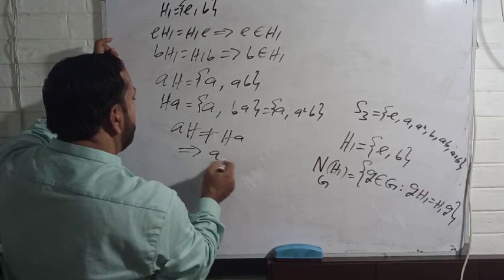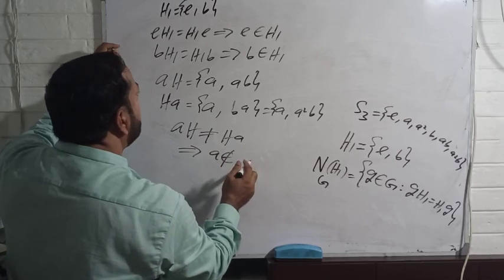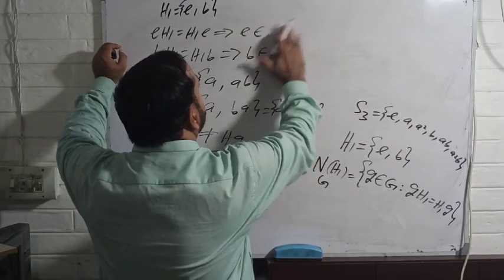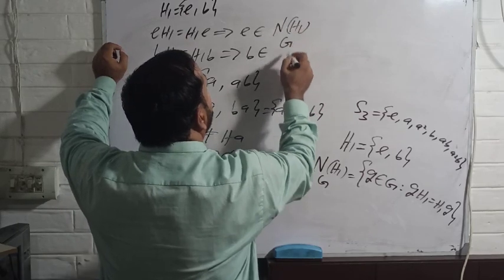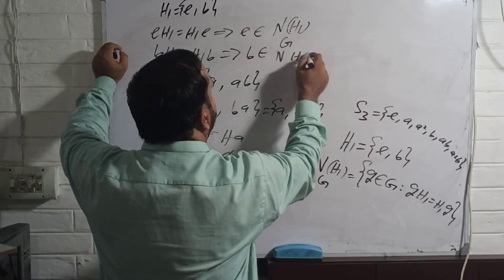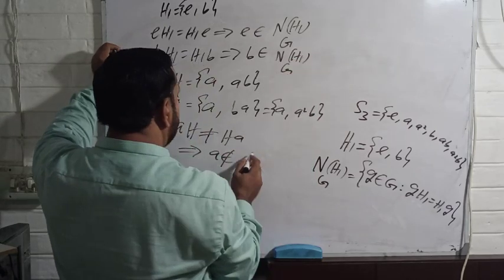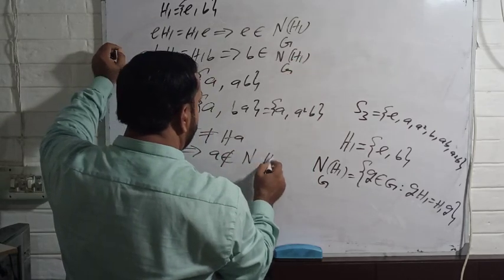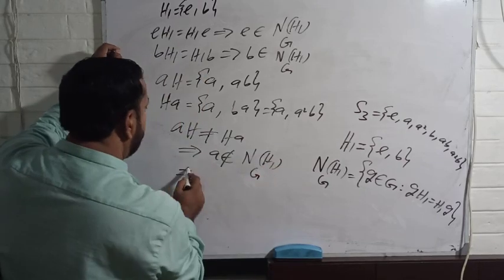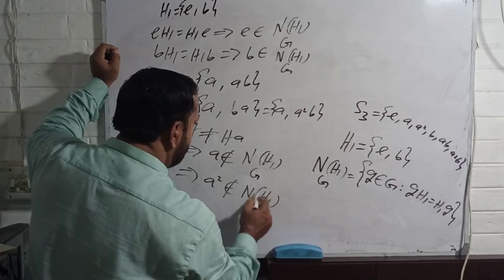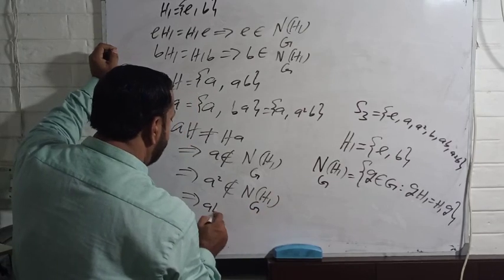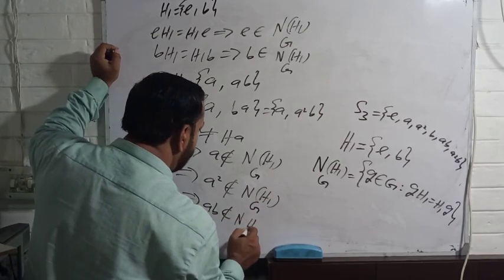So this implies A does not belong to the normalizer of H1 in G. So this implies A square does not belong to the normalizer of H1 in G. This implies AB does not belong to the normalizer of H1 in G.